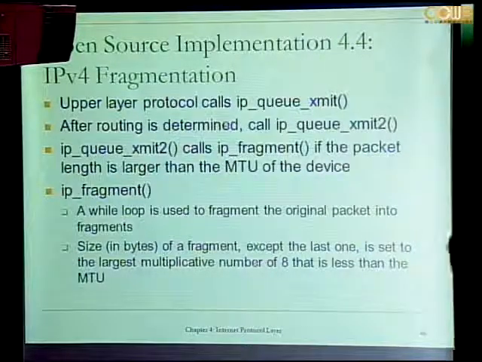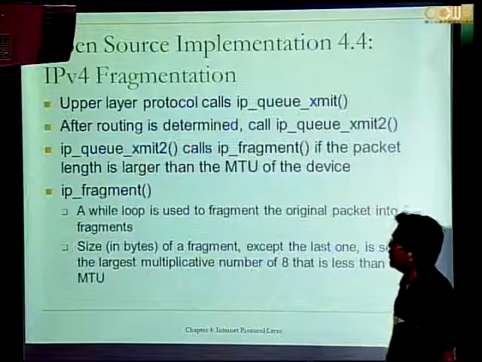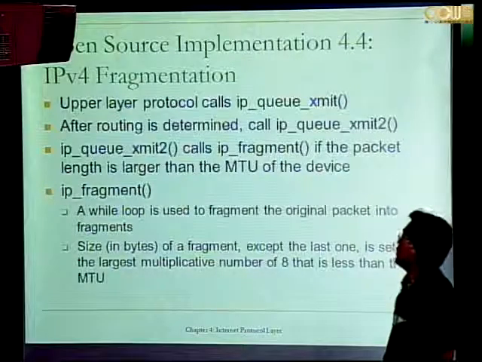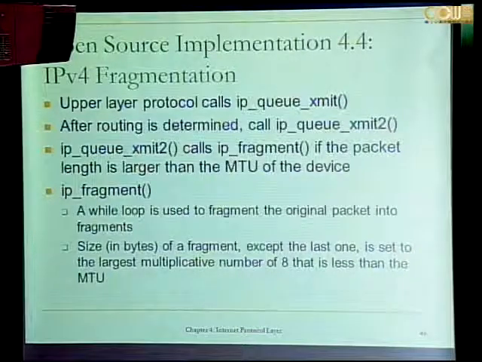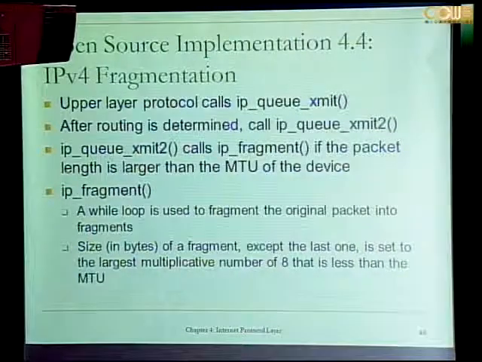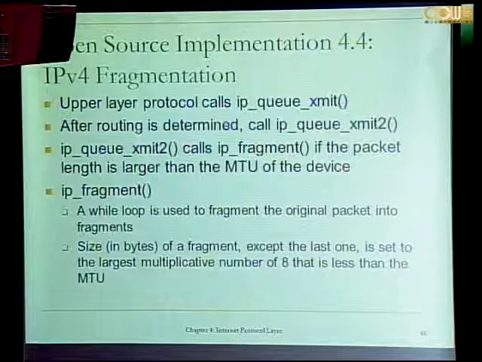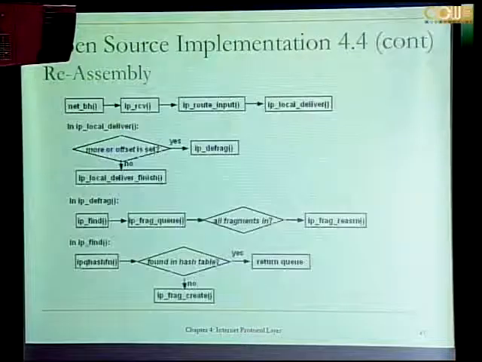If the MTU is 1500, then the largest multiple of 8 will be 1480. And that's the fragmentation, IP fragment.